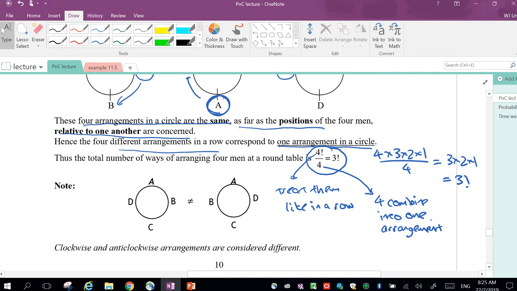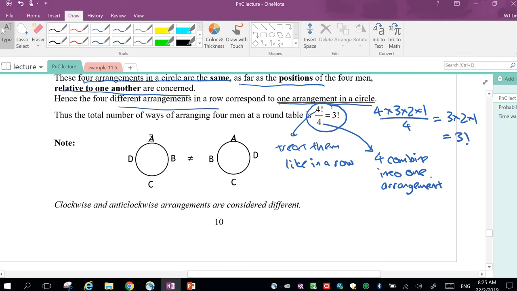One thing to note is A, B, C, D. The relative positions of A. In the first one, on the left of A facing the table is B, and opposite of A is C. Correct? Whereas for this one, A facing the table, on the left is who?